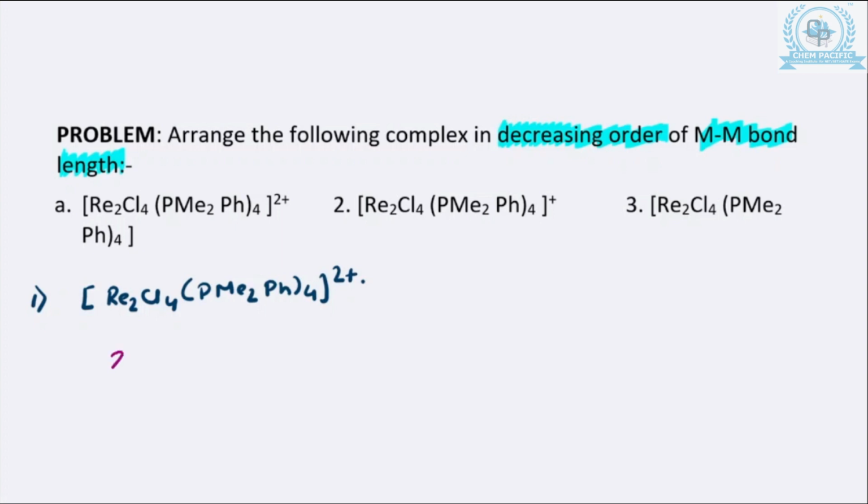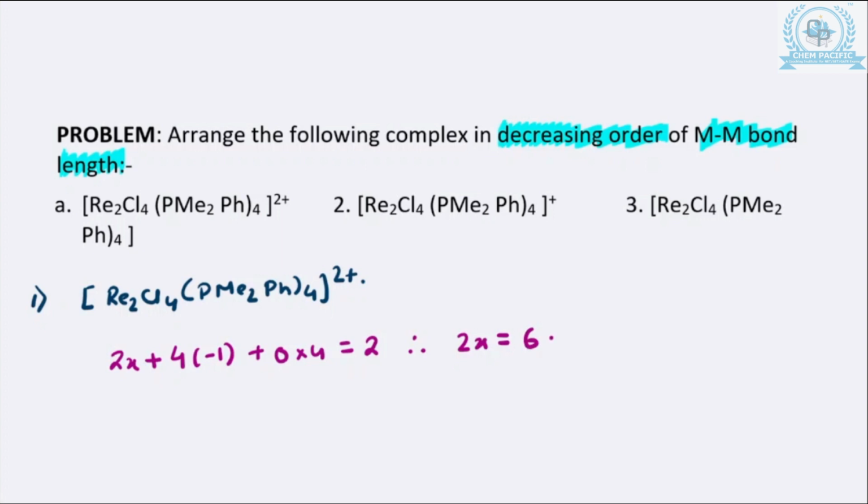If the oxidation state of one metal is x, then for both it becomes 2x. The halide count is 4, each having oxidation state -1, and this ligand is P, which is obviously a neutral ligand. This is PMe3 or PPh3 or this PMe2Ph, all of them are neutral ligands. So 0 into 4, and this is equal to 2. So if you calculate 2x, it will turn out to be 6.